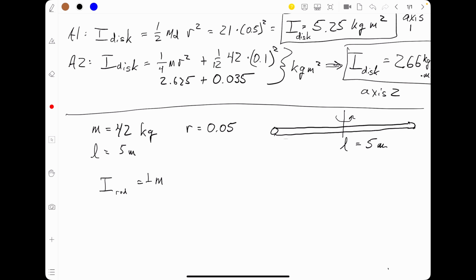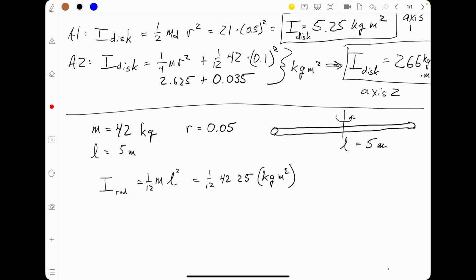I'm always used to writing 1/2, so writing 1/12 isn't as easy. And then length squared. Well, 5 squared is 25. I've got 1/12 out front, 42 here and 25 here. And I know that it's kilograms meters squared. That's my units. So good.